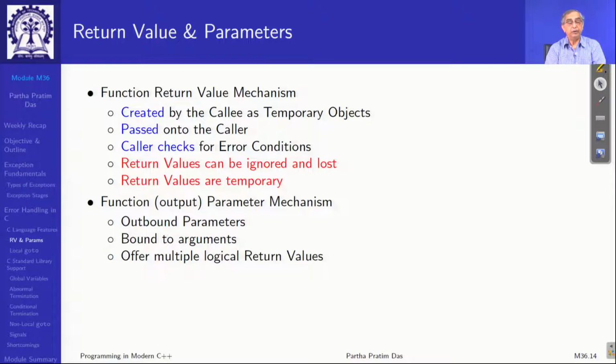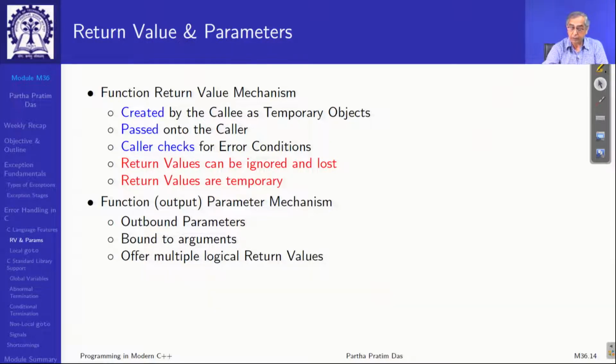So, if you do not catch it, or if you do not take action on it as soon as the control from the function comes back, you will lose that information. And if you want to use the return value to give you the status of what has happened in the function, then you lose the basic value of the function.